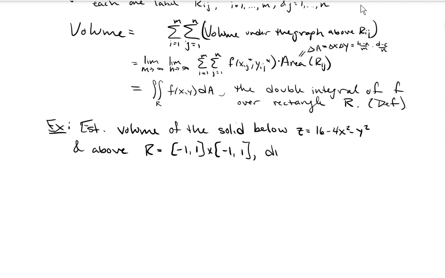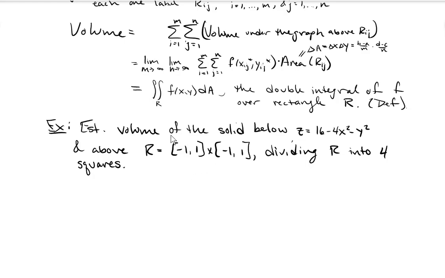And let's do this by dividing R into 4 squares. So it's saying instead of taking infinitely many divisions, let's just chop it up into 4 pieces. That should be some approximation of the actual volume.